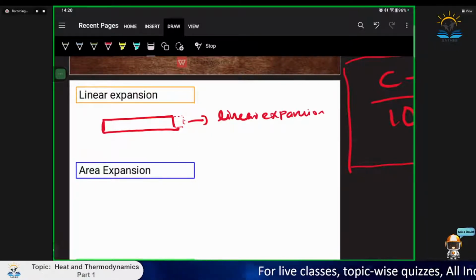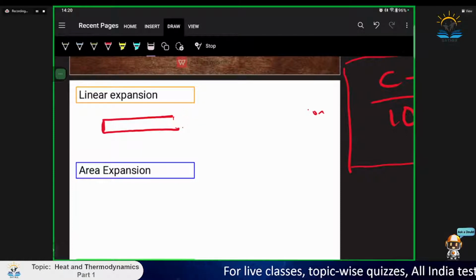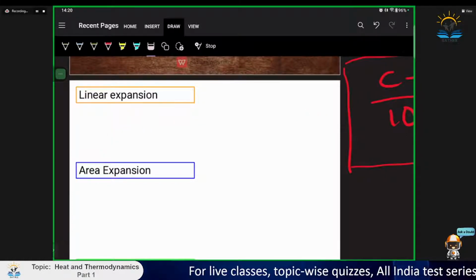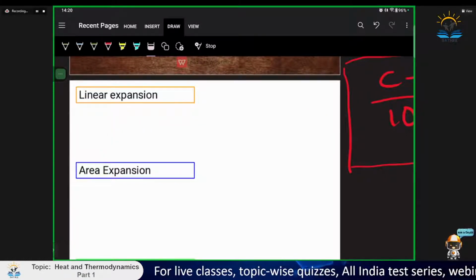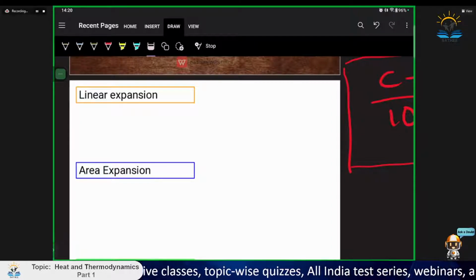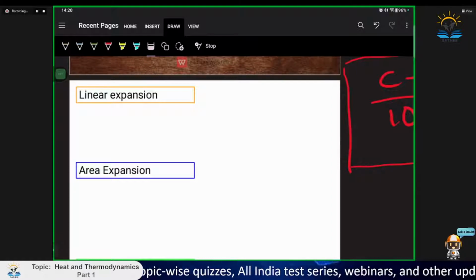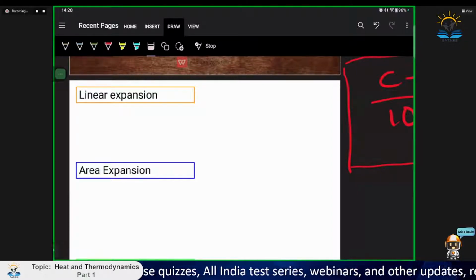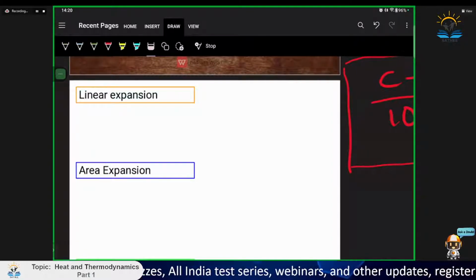I hope everyone is clear about it. So when a linear solid, or whatever material, is heated, it will increase its length. That increase in length is called linear expansion.